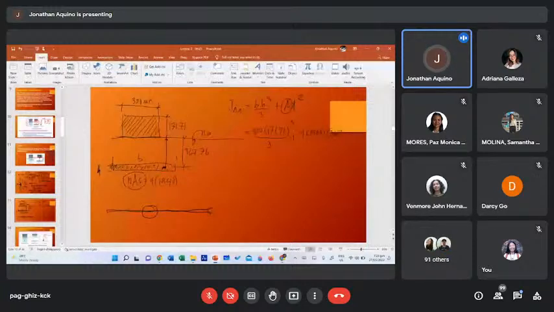So this will give the moment of inertia of 1/3 times 300 times 171.71 cubed plus 9 times 1,940 times 367.76 squared.